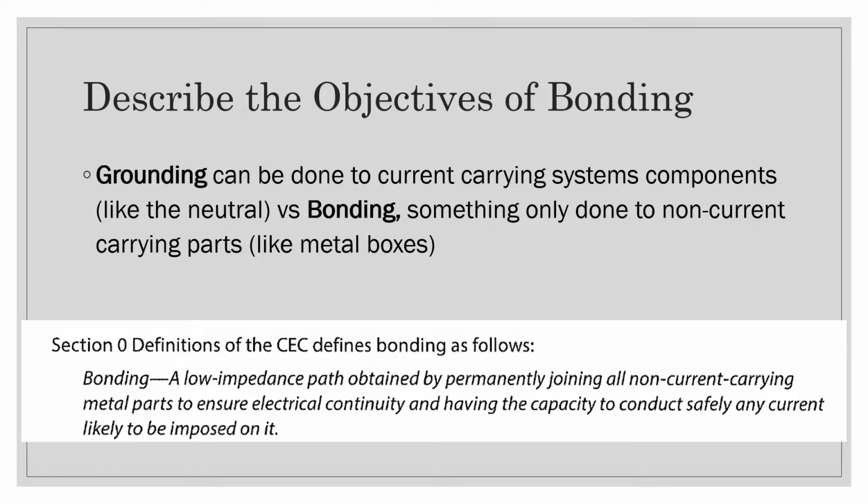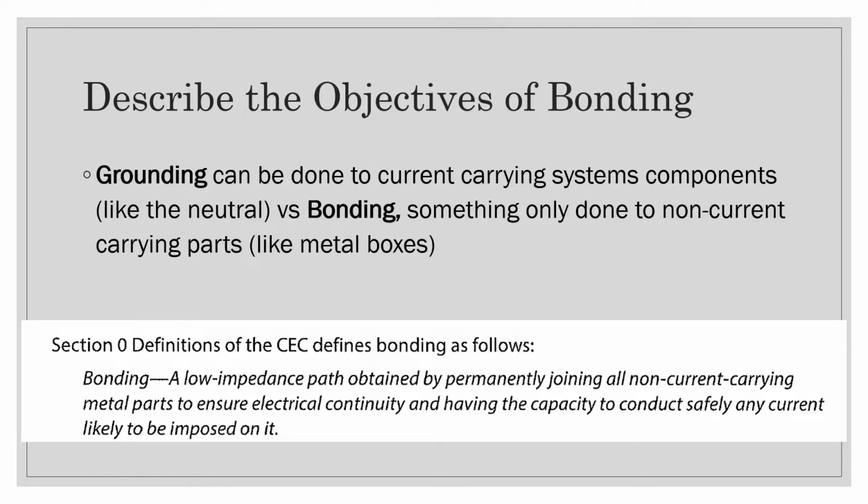Likewise, you want strong connections, because if you have some sort of loose connection, this is why we want to tighten up our lock rings and stuff like that, then you are going to create resistance. And the more the resistance is, the lower the current, which is, if we make it low enough, then it's not going to trip our breaker, and that's just going to provide another dangerous situation.